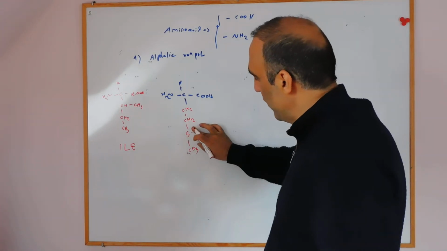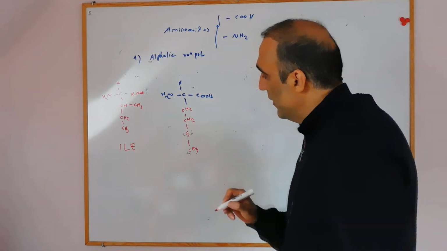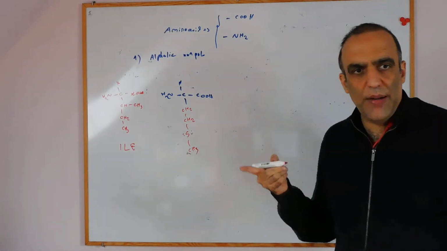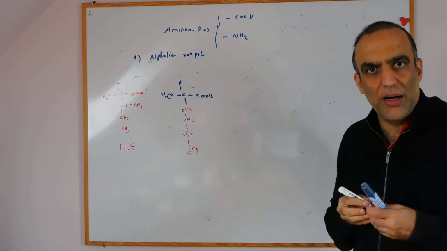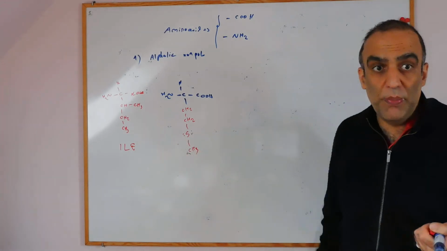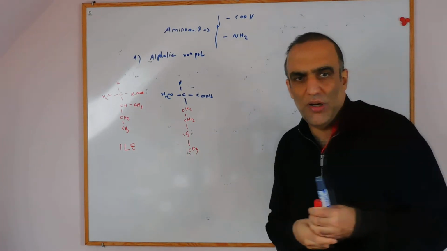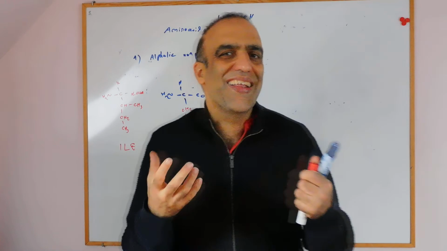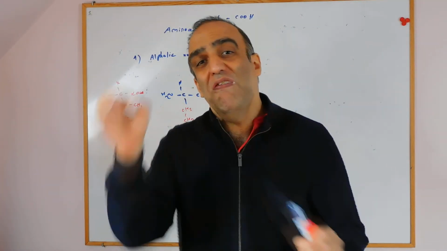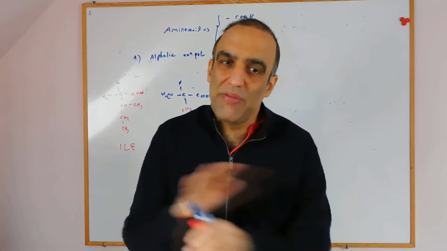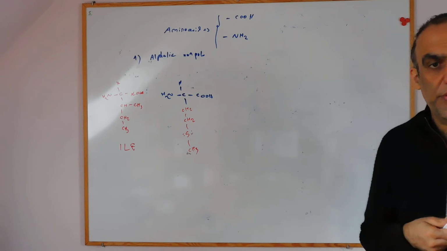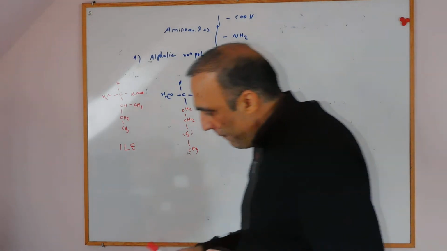The sulfur has two pairs of electrons. This S is between two carbons, so it is nonpolar. If we change this group for a hydrogen, it will be polar. But it's an exception because this sulfur has no polar effect, or a very, very small polarity, almost nothing.